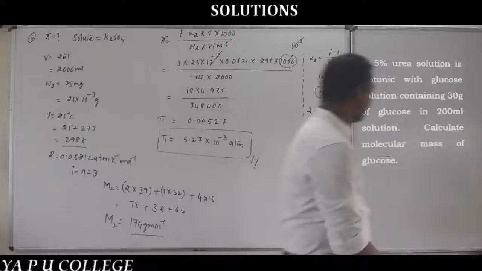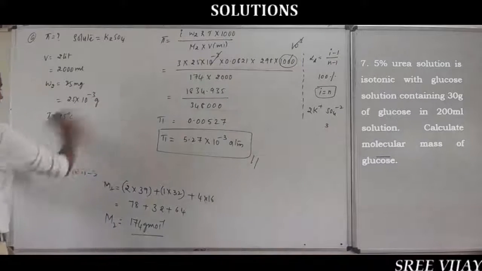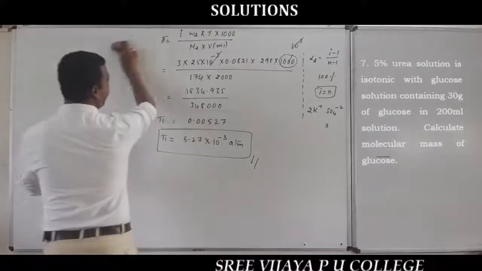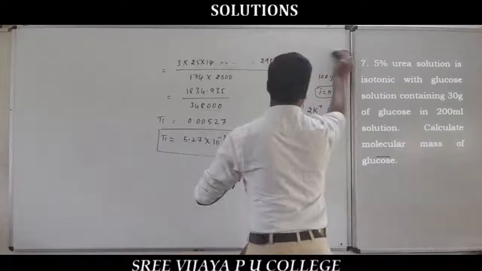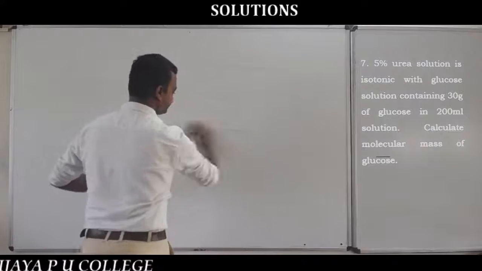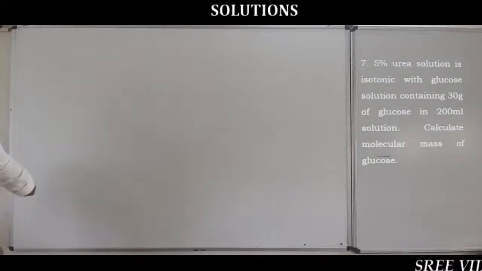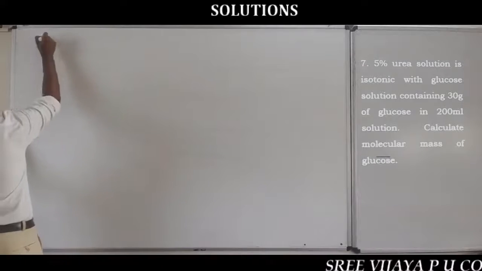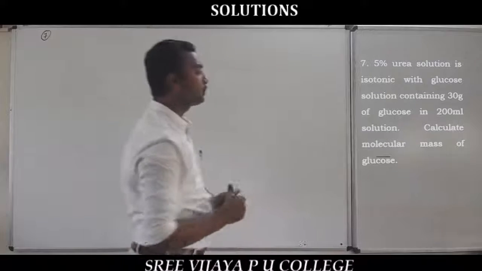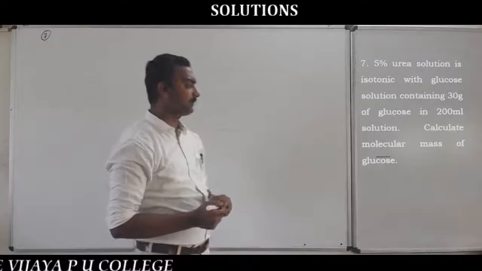Next, problem number 7. 5% urea solution is isotonic with glucose solution containing 30 gram of glucose in 200 ml solution.